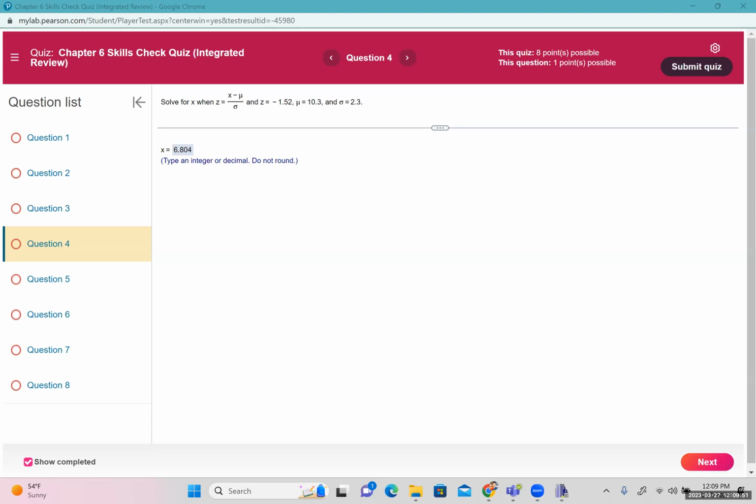Similar with the one before, but keep in mind that do not round for this case, right? You can just substitute. Oh no, this one is different. They want to solve for x when z equals this. Okay. So let me show you. First, we have z equal to x minus the mean, the mu, divided by population standard deviation.